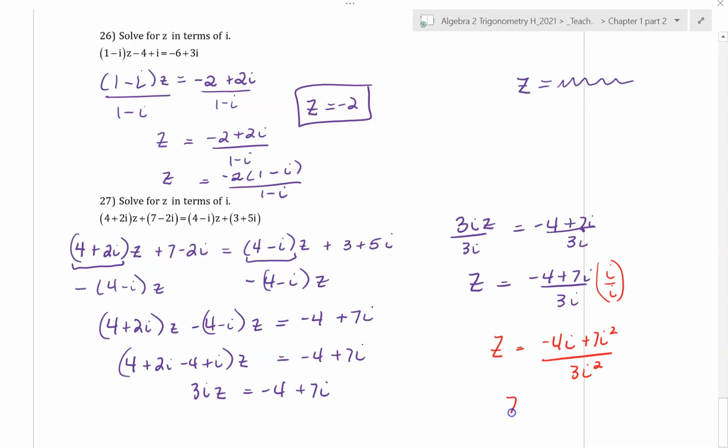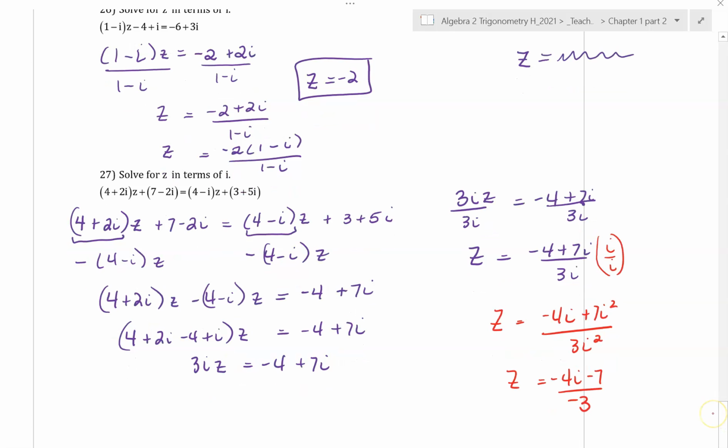So you end up with negative 4i, i squared is a negative 1, so minus 7 all over negative 3. Another way you could also write that, you could multiply by negative 1 over negative 1 if you wanted to, so that could be 4i plus 7 over 3. Either one. So, nice job, everybody.